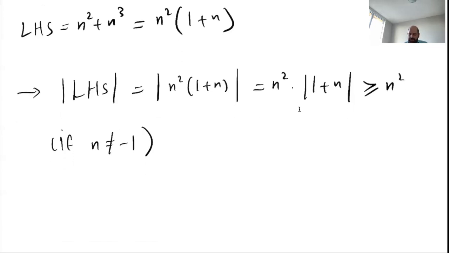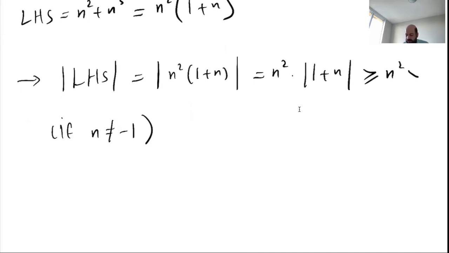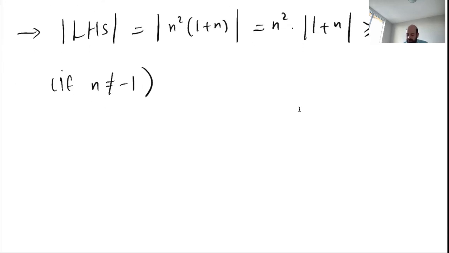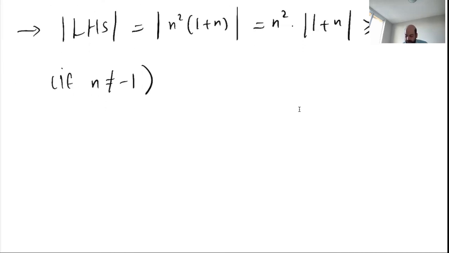So, 1 plus n is non-zero as long as n is not minus 1. Only in the case of n equals minus 1, I can check manually, as we said. But other than that, the left-hand side becomes bigger than or equal to n squared, and n squared is bigger than 100 if... okay, so let me write it this way.